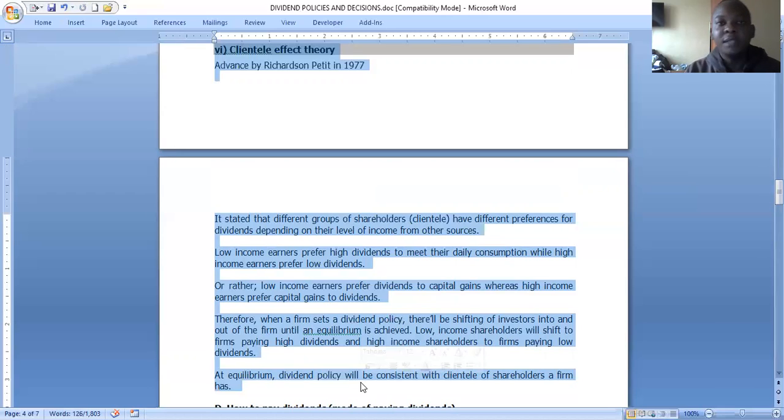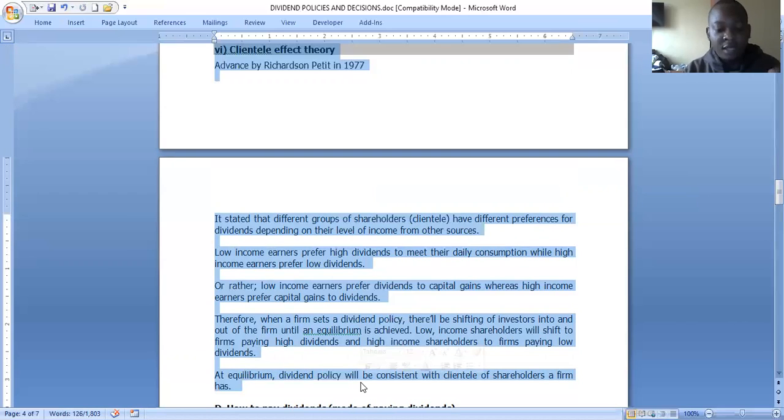So what happens if a business pays high dividends? According to the clientele effect, it will attract low income earners as shareholders. And if the business pays low dividends, it will attract high income earners.